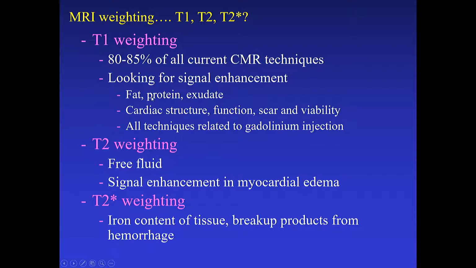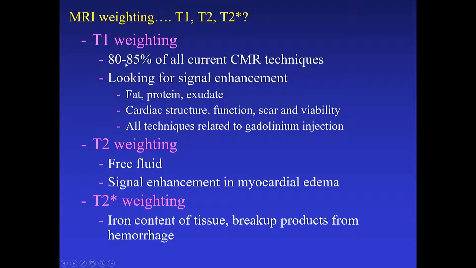What sort of structures will enhance? Well, without contrast, in general, things that are very bright are so-called enhanced on T1 weighting. We're trying to look for tissue like fat or proteinaceous material in an effusion. Because it's T1 weighting, it's also used in all the cine imaging. So it's the primary technique to look at cardiac structure and function and scar.